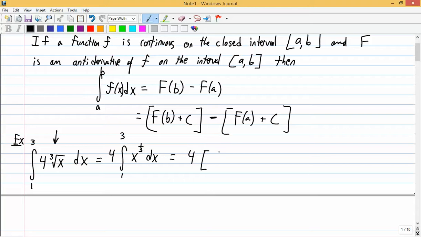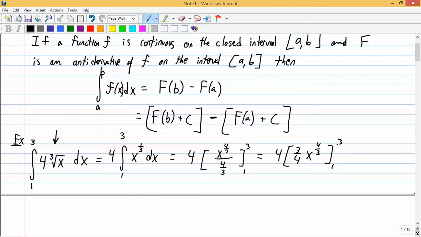So I'm going to have x to the 4/3 power divided by 4/3, evaluated from 1 to 3. Now I'm not going to keep it like that. That's a little too messy. It's going to be 4 times, so flip and multiply. So that'll be 3/4 x to the 4/3.